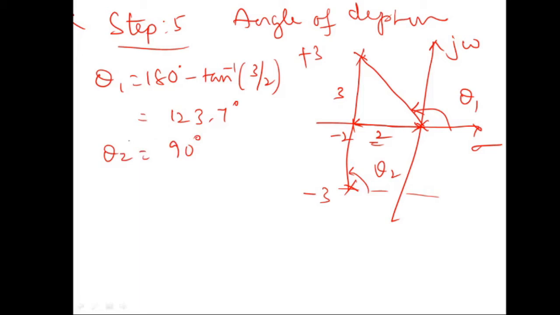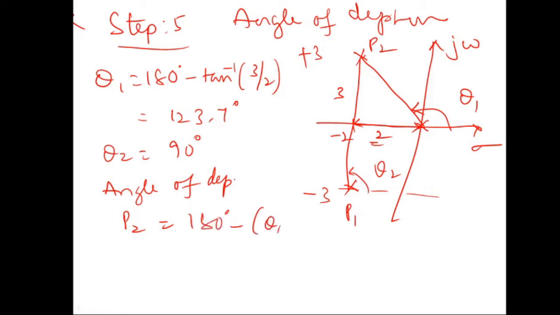Once you find these two angles, the angle of departure can be obtained. Let it be P2 and let it be P1, pole 1, pole 2, whichever way you take it. The angle of departure at P2 will be 180 degrees minus theta 1 plus theta 2. So 180 degrees minus the sum of theta 1, 123.7, and theta 2, 90 degrees.